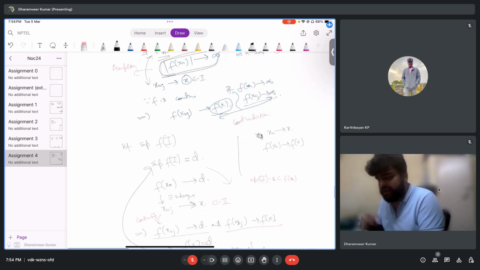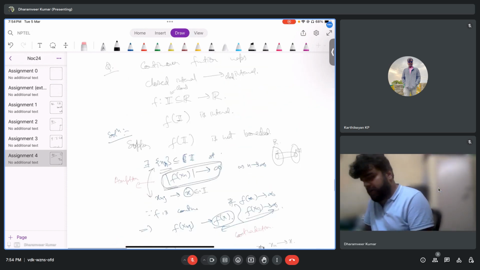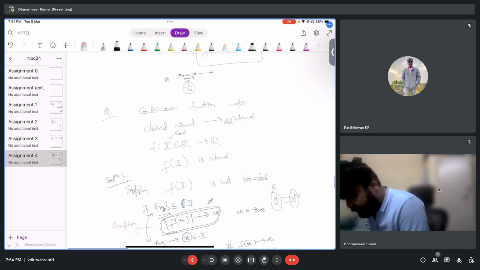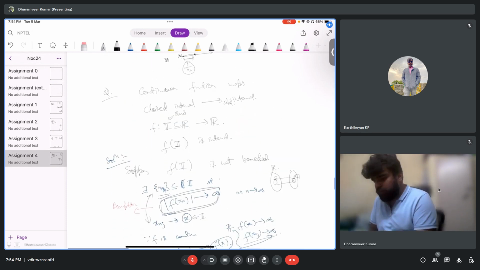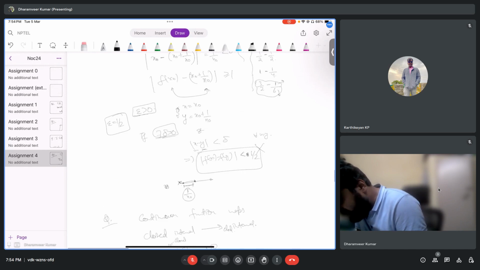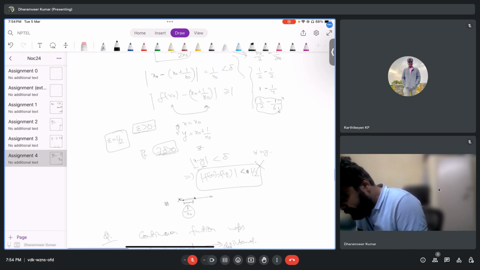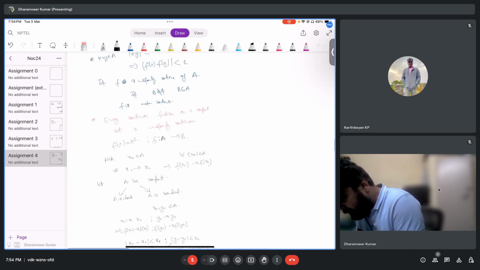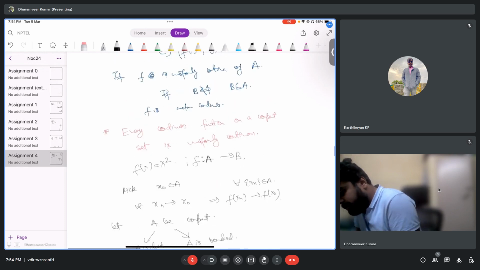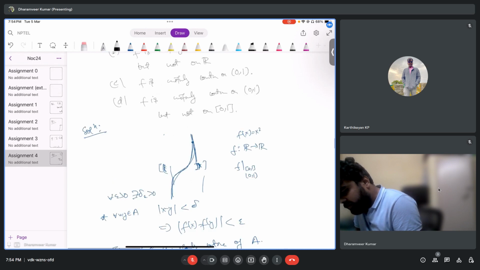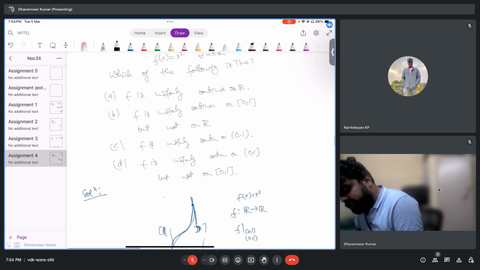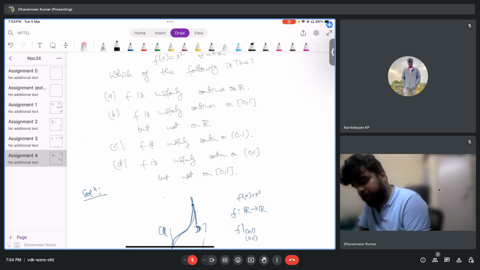This was said in the lecture notes, I think, but I will prove this in general. And if we prove that, we solve this question. This was the claim that I made. If this is true, then f is uniformly continuous on 0, 1.